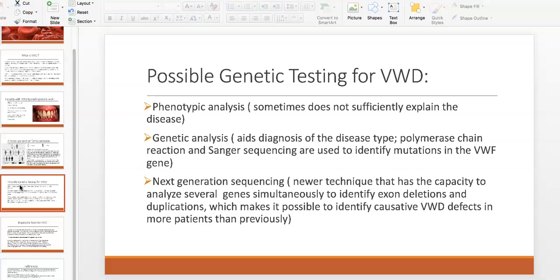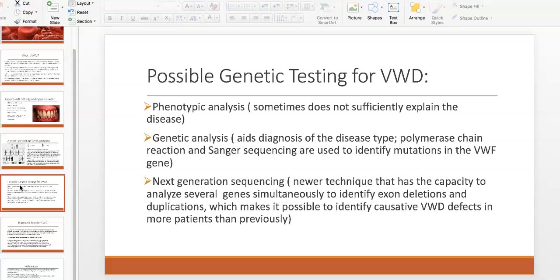There are possible genetic testings for VWD. The first one is phenotypic analysis, and sometimes it doesn't sufficiently explain the disease. The second one is genetic analysis that helps diagnosis of the disease type. In this type of testing, polymerase chain reaction is used to identify mutations in the VWF gene.